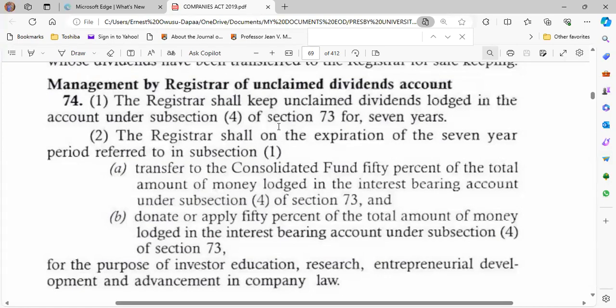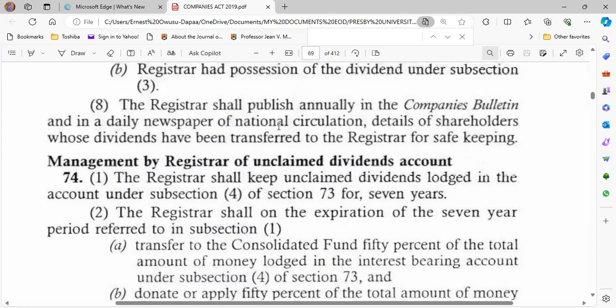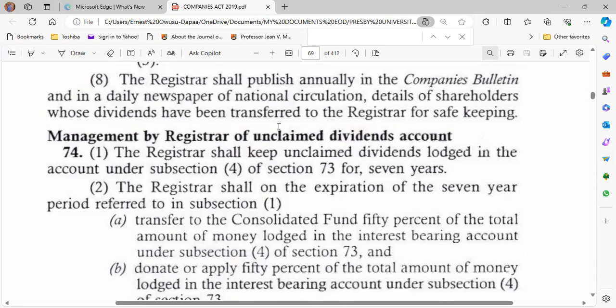So, after the company has handed the unclaimed dividends to the register of companies, and the register of companies having deposited this in the special purpose account for 7 years, if it still remains unclaimed, because the law requires that every year, the registrar is supposed to make at least one publication in terms of shareholders whose dividends are being kept by the registrar.